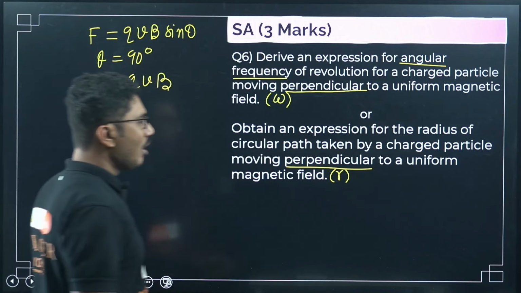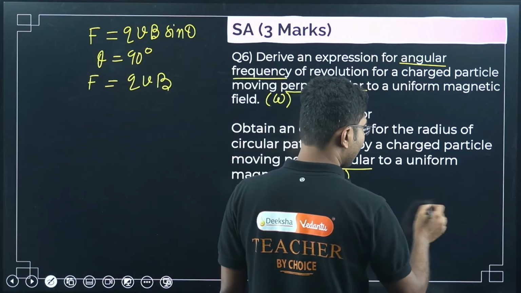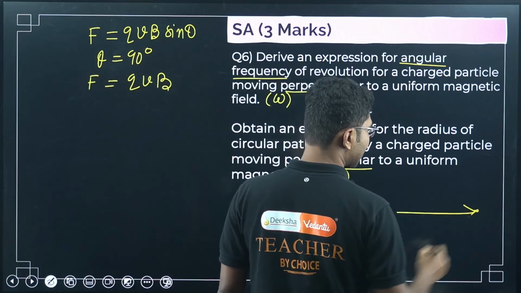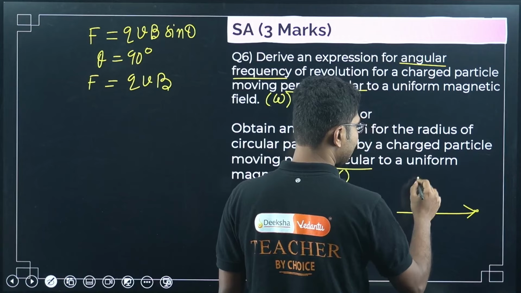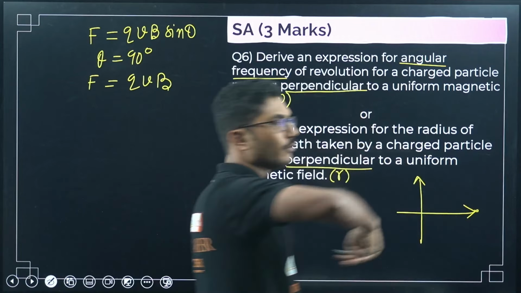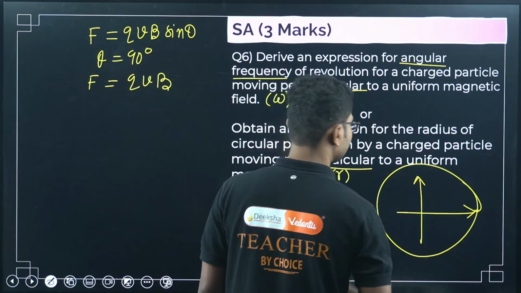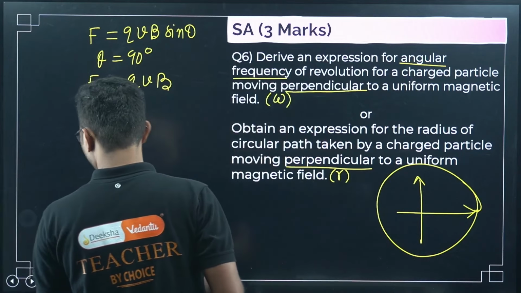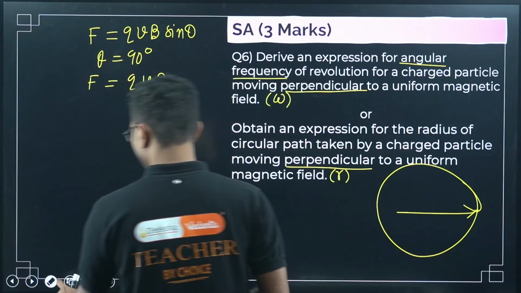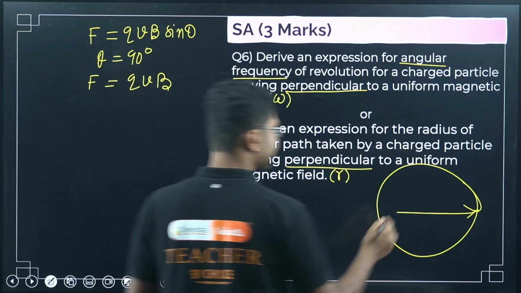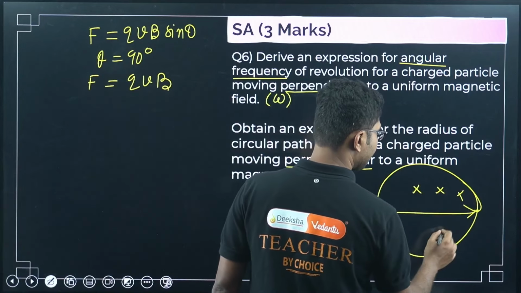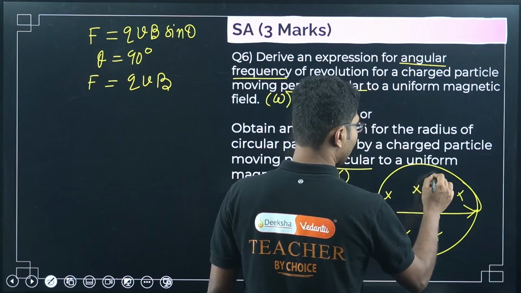Now, suppose the charged particle is moving in this direction and the magnetic field is into the page. It will experience a force that will tend to make it move in a circular path.